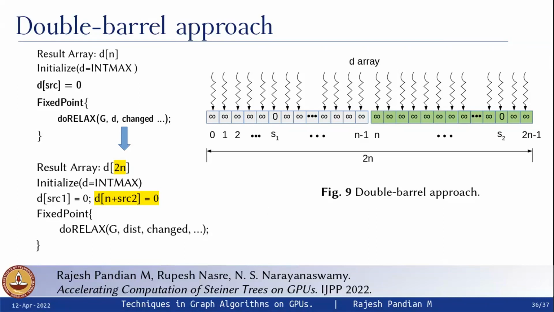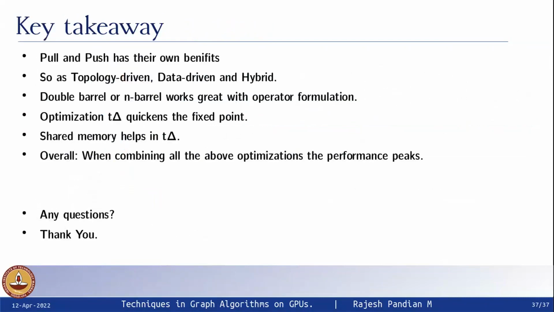This approach helped us improve our performance. The key takeaway is that the push approach and the pull approach have their own benefits, which we saw a little earlier. Topology-driven, data-driven and hybrid approaches each have their own benefits. Similarly, the double barrel approach works great with the operator formulation approach, and it can be extended to an n barrel approach as well.